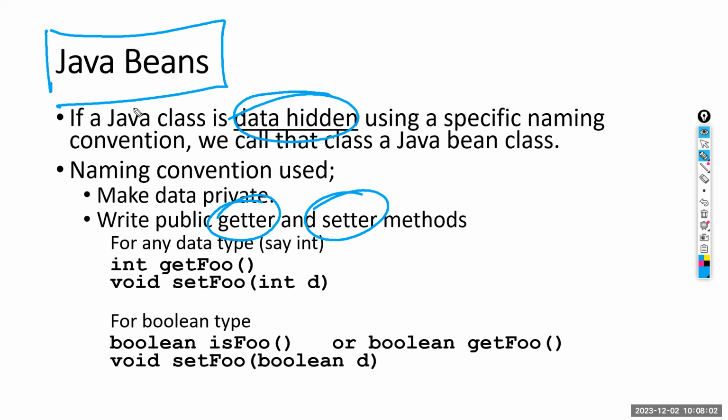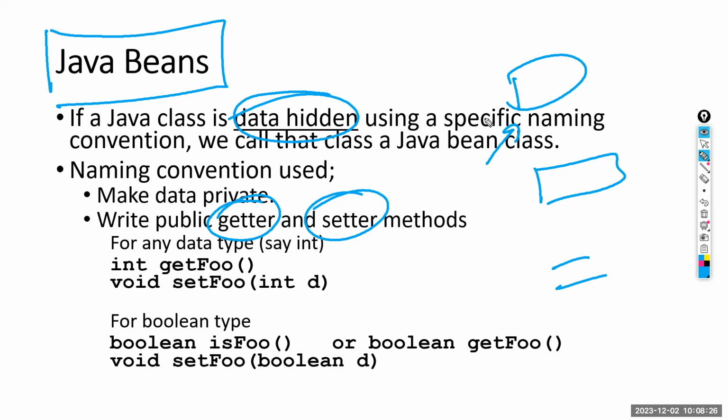Sometimes for a particular variable, we will not generate getter and setter. Maybe for a particular variable, we generate only getter, but not the setter. It's up to you. But when we generate those getters and setters, if we follow a particular naming convention, then we can say our class is compliant with the Java Beans standard.